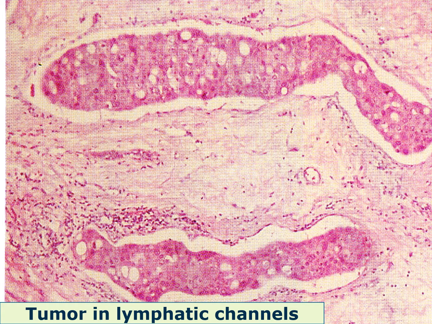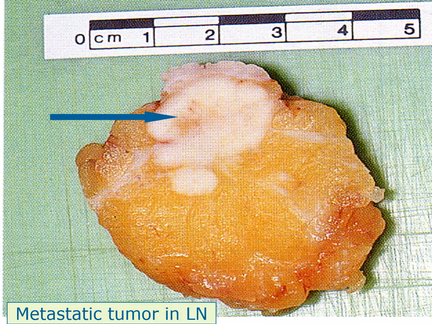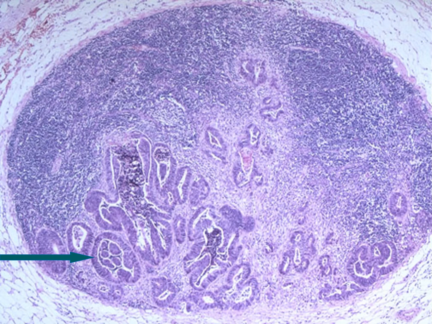Here we see neoplastic cells in the dilated lymphatic channels. This is the gross appearance of a lymph node involved by metastatic ductal carcinoma. Metastases produce firm painless enlargement of the lymph nodes. Seen here are neoplastic glandular configurations representing metastatic adenocarcinoma.